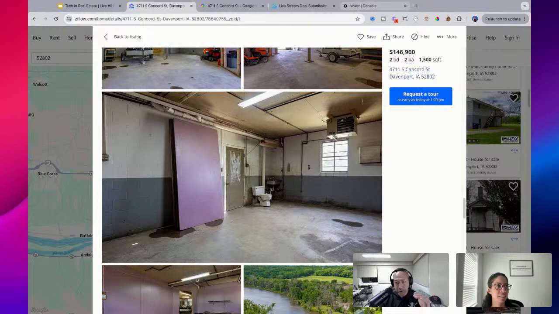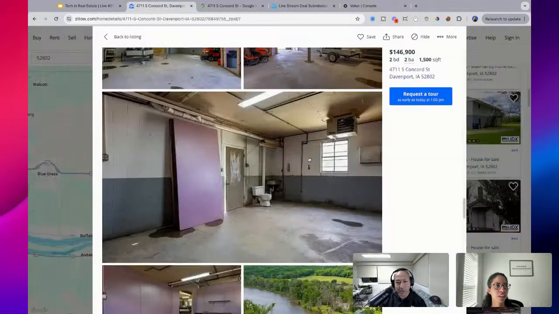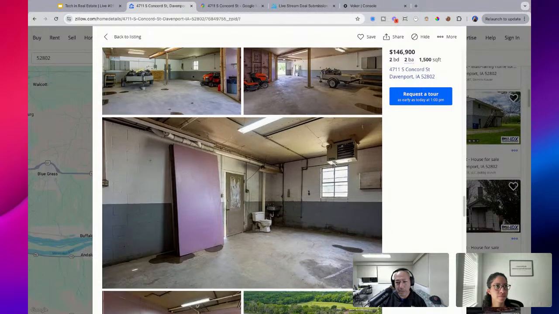Based off of the median, this is below the median, so I'd definitely look further into this property. Just briefly from the photos, I see some water or dampness in there. I don't know if that's common for that area, but it's somewhat of a red flag, or just something to be aware of and look further into.